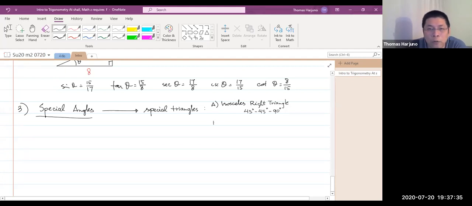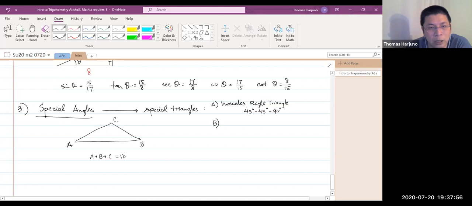Now, you know from geometry that the sum of the interior angles of a triangle is 180 degrees. So if I have any triangle, it doesn't have to be a right triangle, let's say this is angle A, this is angle B, and angle C, then A plus B plus C is 180 degrees.